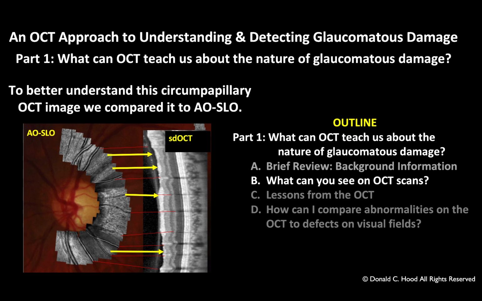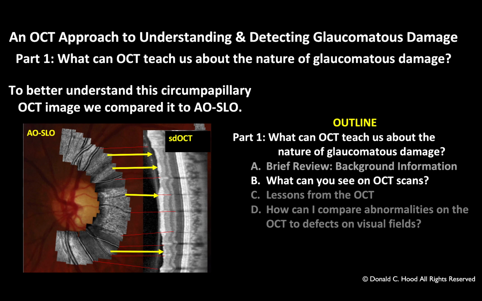To get a better understanding of what you could see, a number of years ago, we decided to compare the OCT images we get to what you would get with adaptive optics. I don't know how much you know about adaptive optics, but it's a technique that comes out of astronomy.